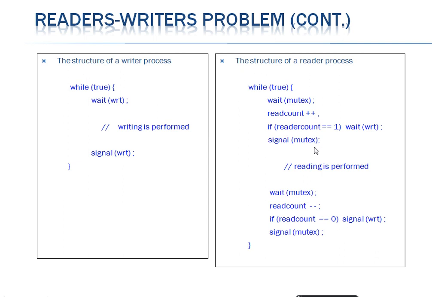This indicates that reading is performed. Then wait over mutex is executed and read count is decremented by 1. If read count is equal to 0, then signal over the write semaphore is invoked, followed by signal over the mutex semaphore.